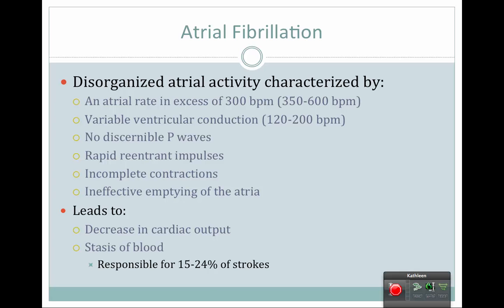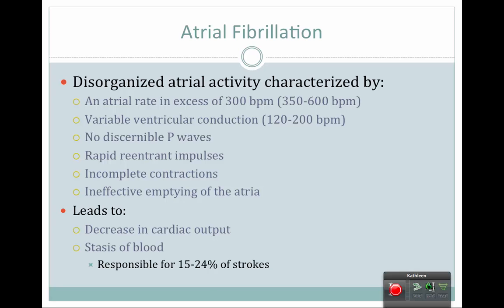So atrial fibrillation is an atrial rate in excess of 300 beats per minute. With atrial fibrillation, the atria can beat up to 350 to 600 beats per minute. It has a variable ventricular conduction from 120 to 200 beats per minute.